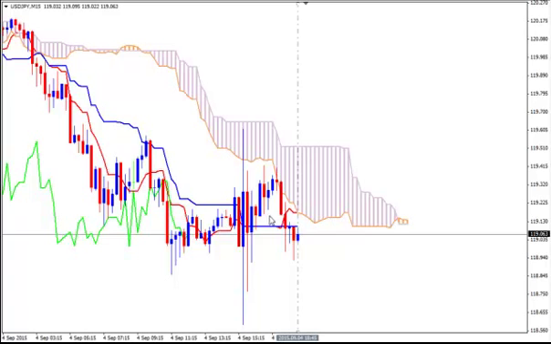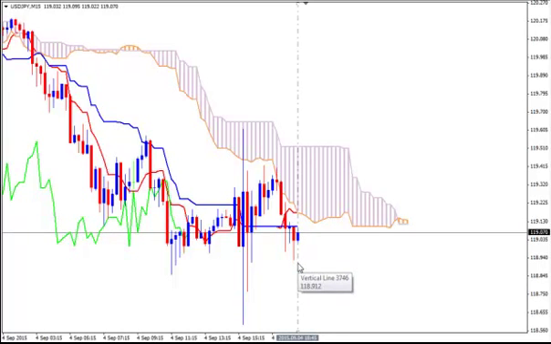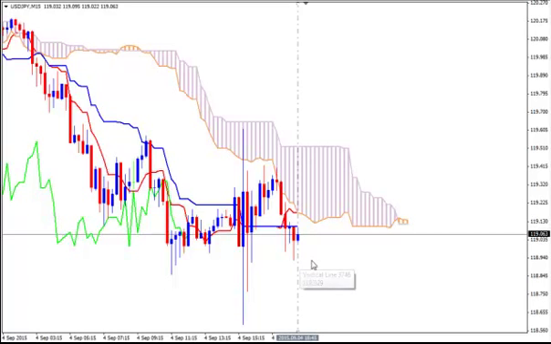If you see Tenkan Sen crossing below Kijun Sen and Kijun Sen sloping downwards, then and only then you can enter short. That may happen at the price level 118.91 and place your stop loss above the KUMO at 119.56.